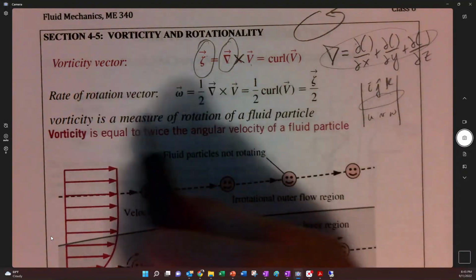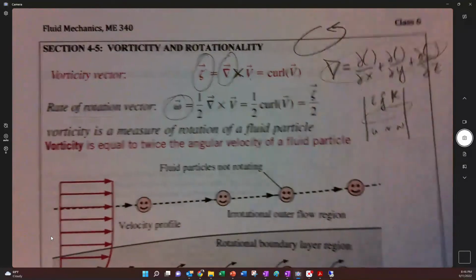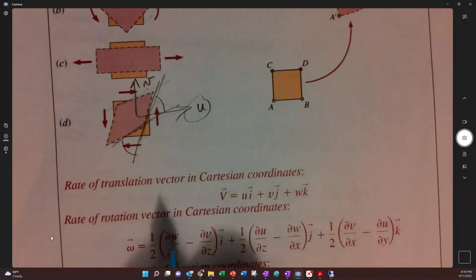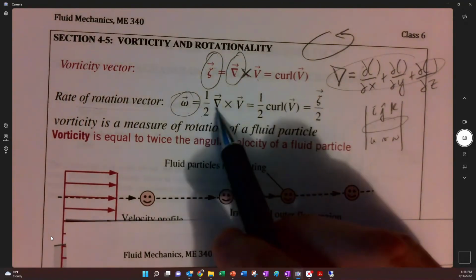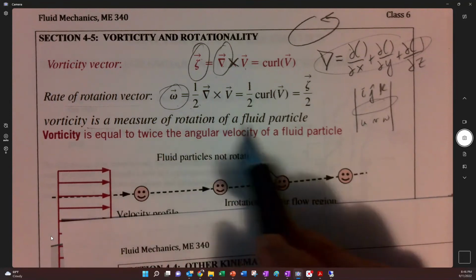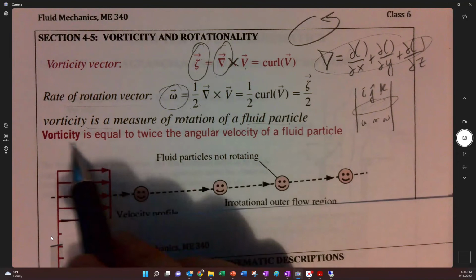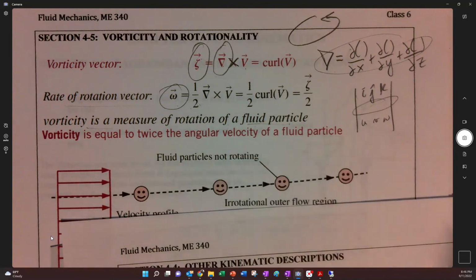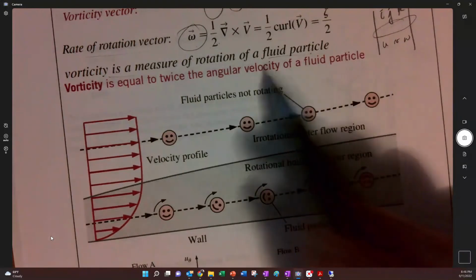And it turns out that rate of rotation thing, the one that we just mentioned back over here, is actually 1/2 of the curl, right? So vorticity is a measure of the rotation of a fluid particle, and it's equal to twice the angular velocity. So if you want to think of the definition of vorticity, it's right in there.